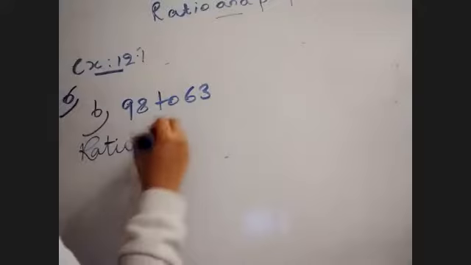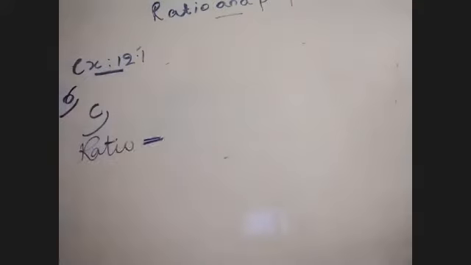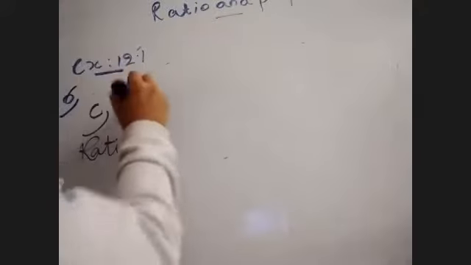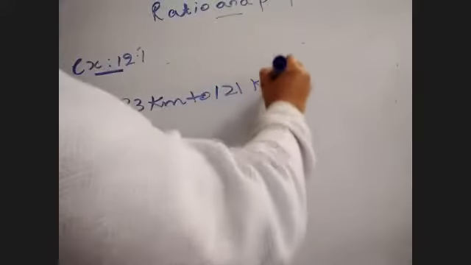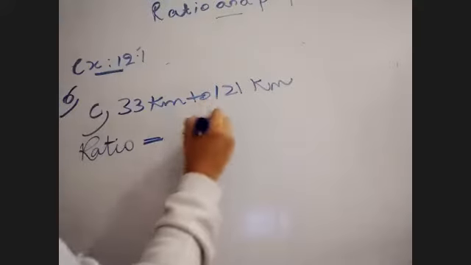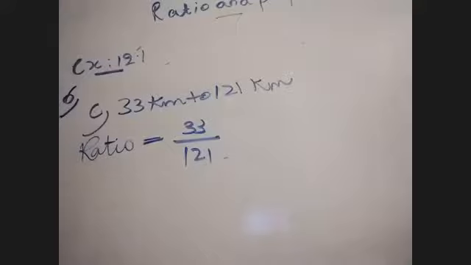Ratio, and this is C. Let's see: 33 kilometers to 121 kilometers. 33 and 121. You might think it is divisible by 3, but no, it's not divisible by 3. 121 feels like it's divisible by 3, but it's not.